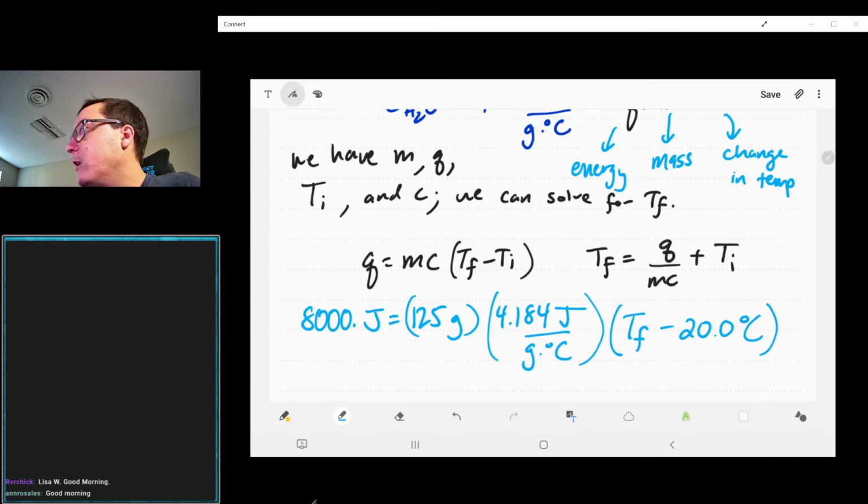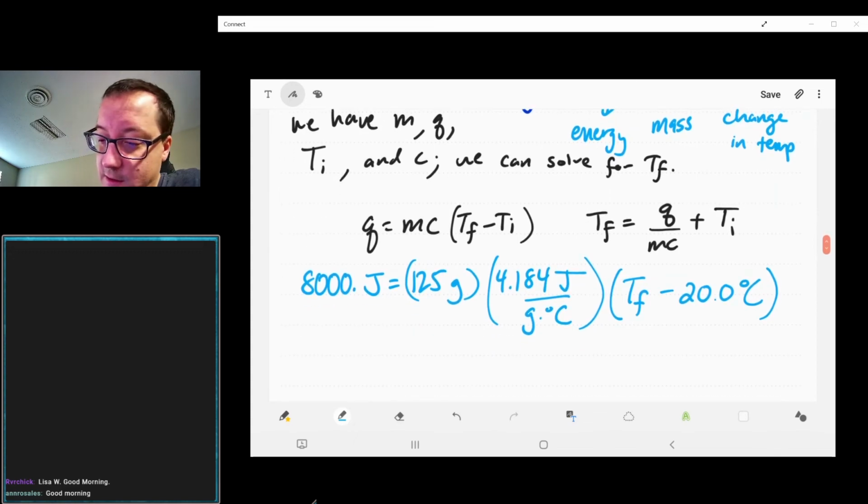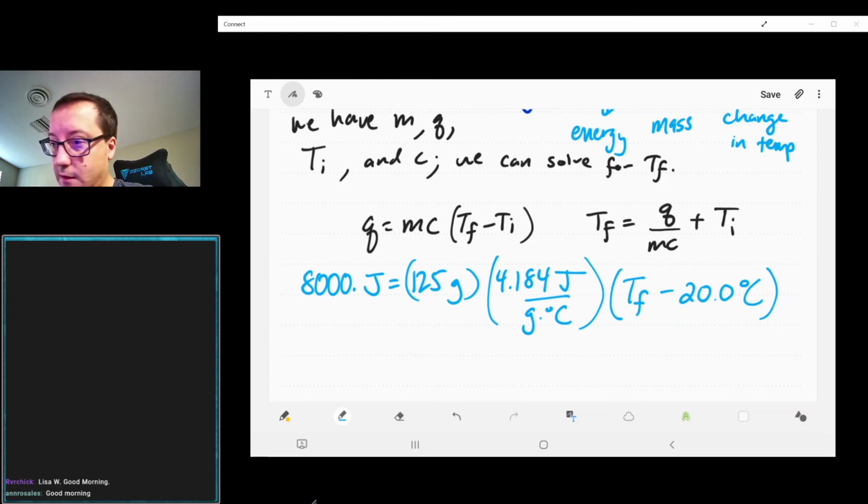So if we really wanted to do all this stuff, we can go ahead and do it. I assume you guys can solve this equation on your own. So let's go ahead and do it. So we have 8,000 divided by 125 divided by 4.184 plus 20.